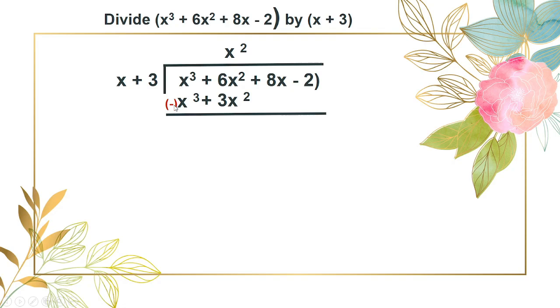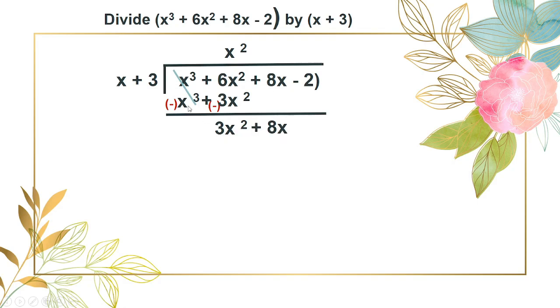Subtract, so when we subtract, we need to change the signs. X cubed minus x cubed, automatic, this becomes 0. Next, we change the sign of 3, so it becomes negative, so 6 minus 3 is 3x squared. Next process, bring down 8x.